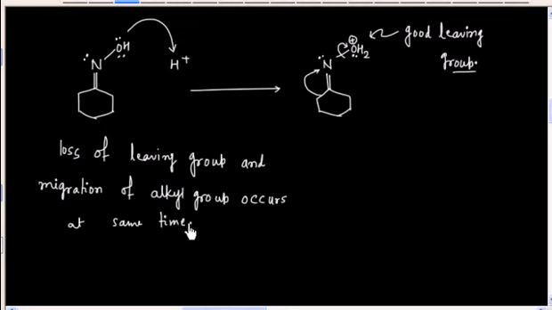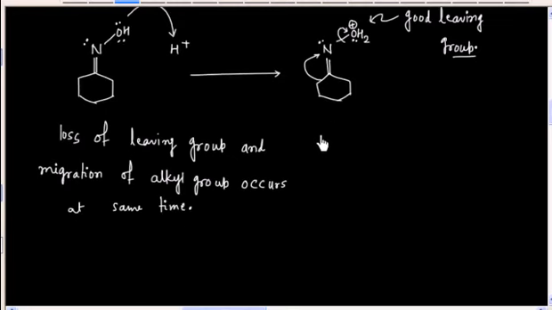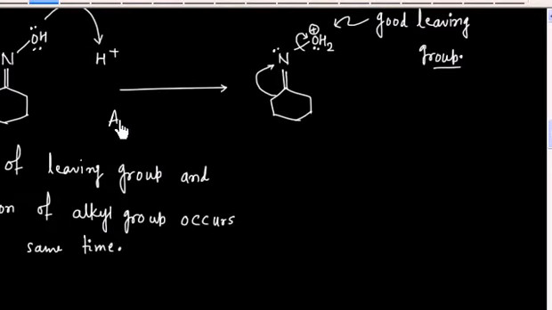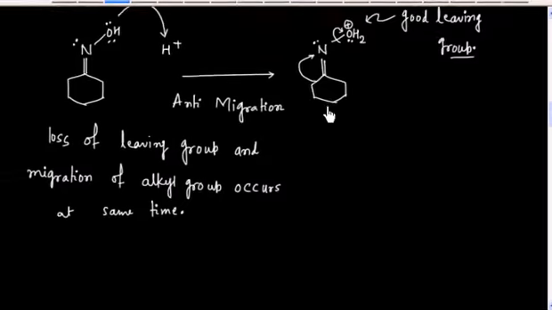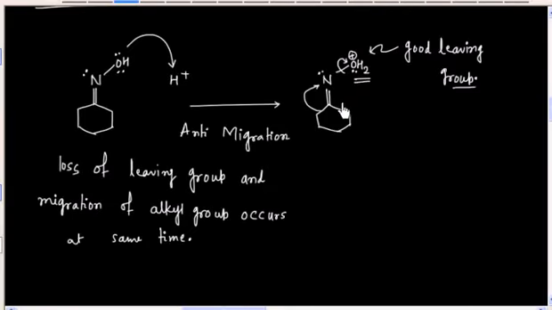Now in Beckmann rearrangement, we always have anti-migration. That is, leaving group and migrating group are anti to each other.